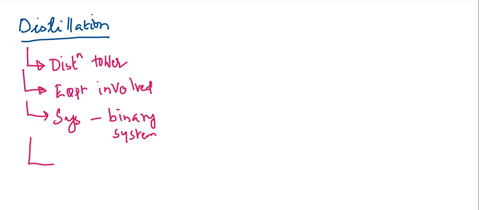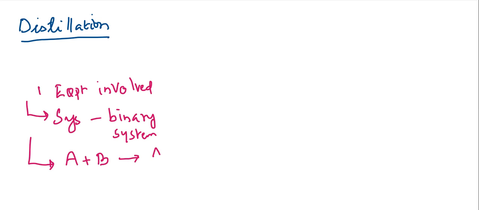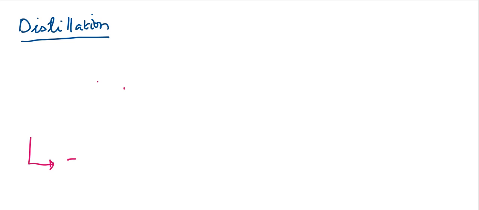This binary system is considering components A plus B. The binary system being considered is a mixture of A plus B.